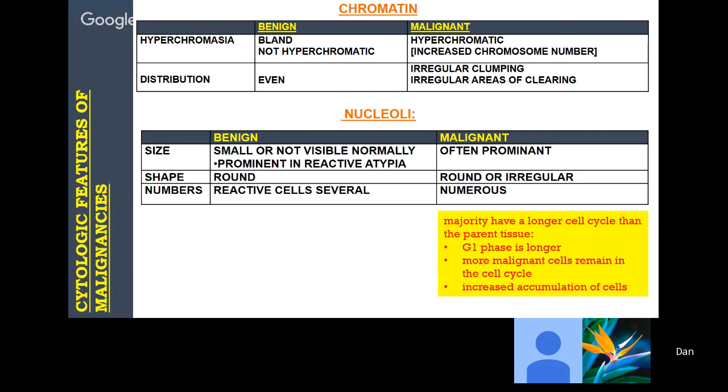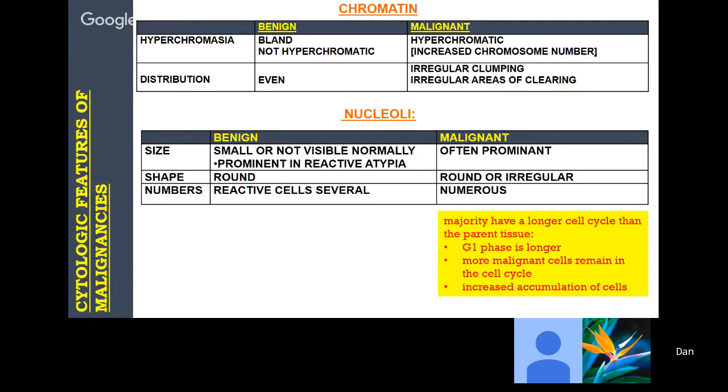As for the chromatin, like I said, when you look at malignancy, you're going to have very dark nuclei, and mitotic figures that increase because the cells are always in division. This is why sometimes you can even see the chromosomes when you have a mitotic figure. Everything is irregular. Once again, the size of the nuclei is very big, as in the benign this will not be happening.